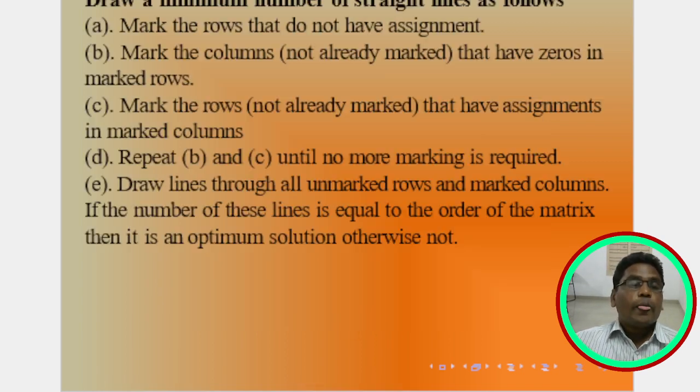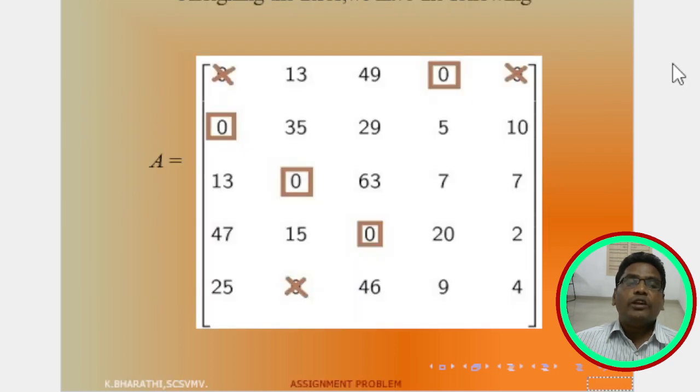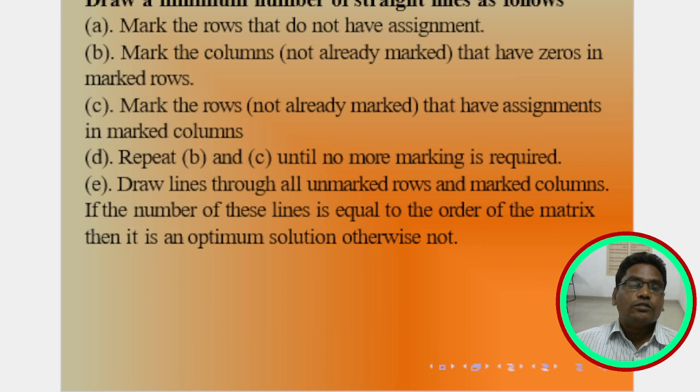So for obtaining the optimal solution, we have to draw the minimum number of lines to cover all the zeros. To draw the minimum number of lines, we have to follow some conditions, which we have already seen in the earlier slide.